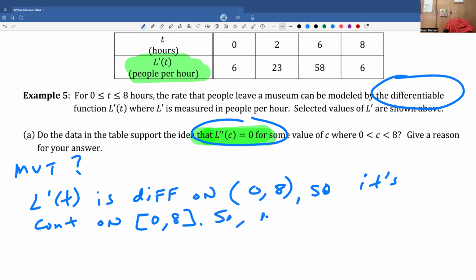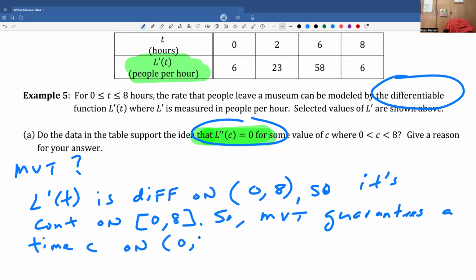So the MVT guarantees a time C on 0 to 8. See, the redundancy, I shouldn't say this, but it does irritate me, but Eli is right. You're supposed to reiterate the interval. MVT guarantees a time C on the interval 0 to 8 such that what? L double prime of C equals 0, right?